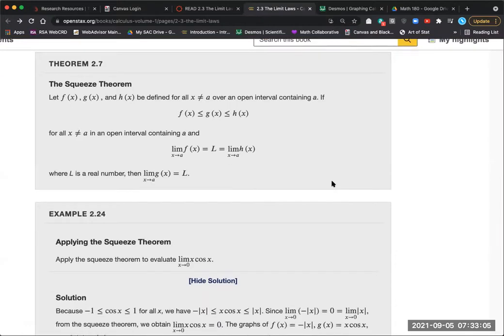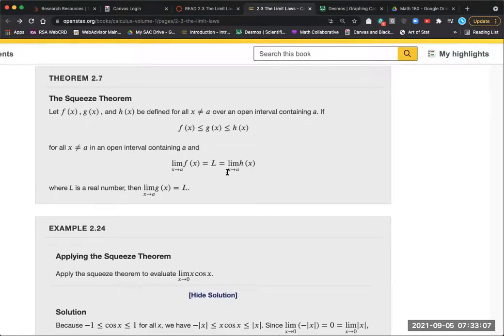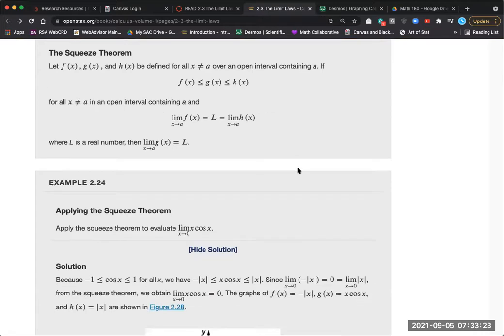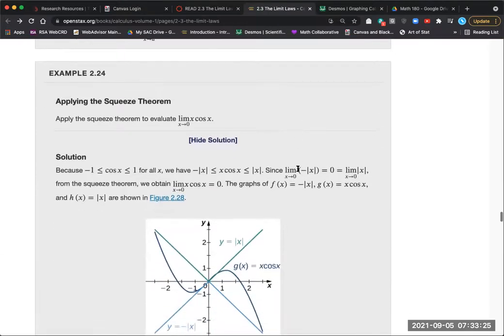That it's hard to evaluate the limits. However, if we know some function is actually between 2 other functions all the time, and I can evaluate the other functions, then I know the limit of the middle function will be equivalent to those other 2. Now, again, it's in practice hard to think about.